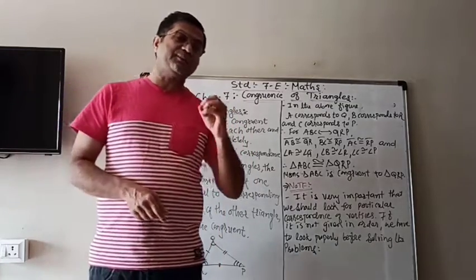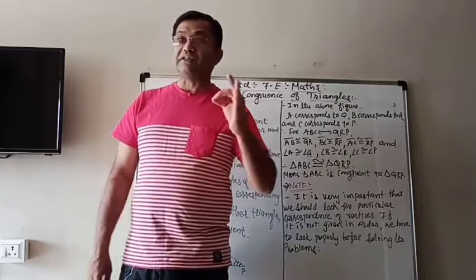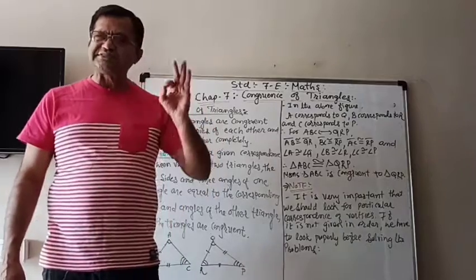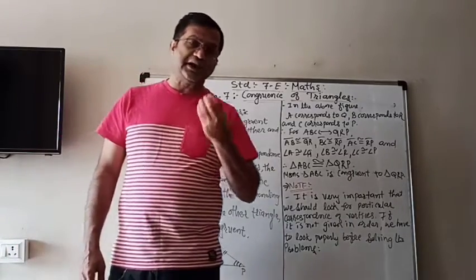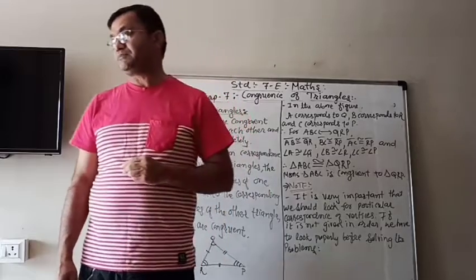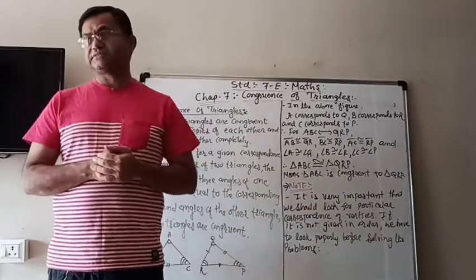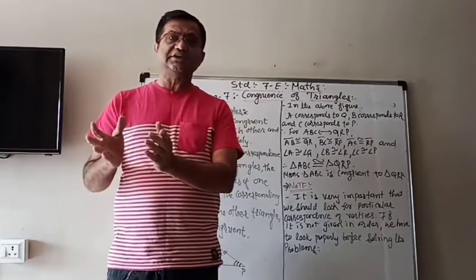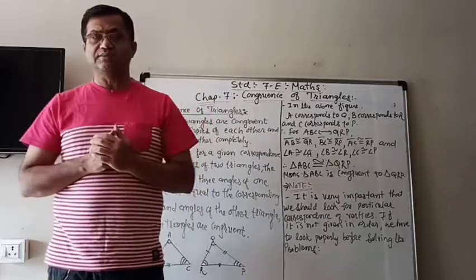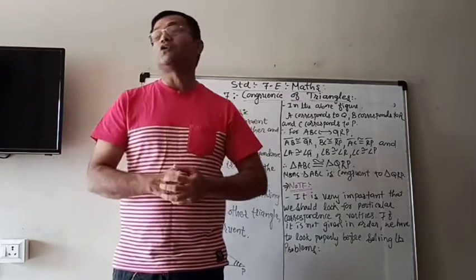Similarly, in the case of angles also, we learned that when two angles have the same measure, you know how to measure an angle using a protractor. So when you measure the angles, and if they have the same measurement, 30 degrees, 30 degrees, 60 degrees, 60 degrees, then they are said to be congruent angles.